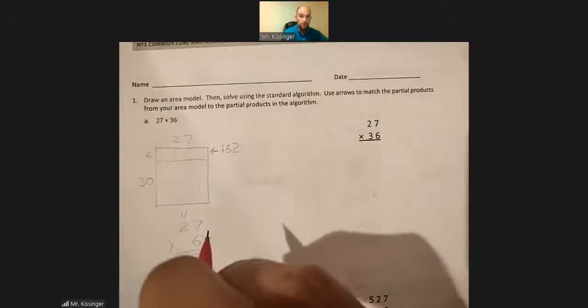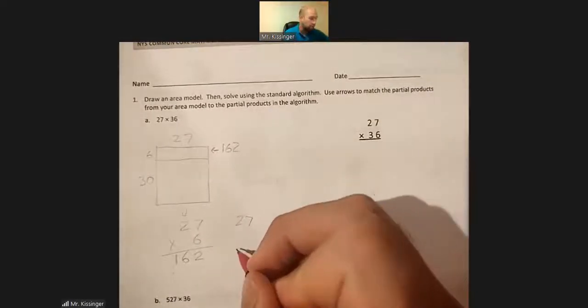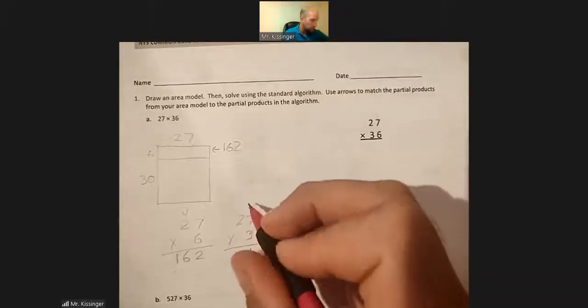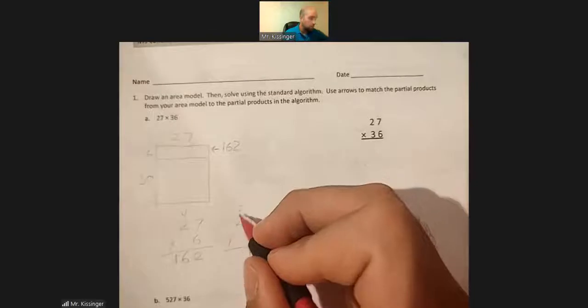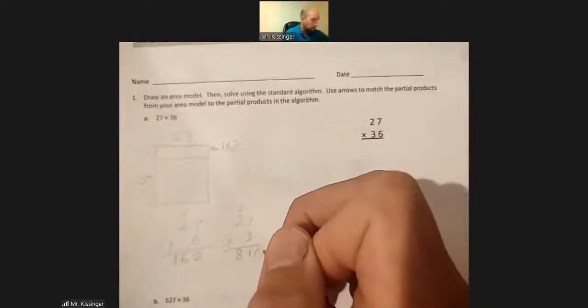Then our rectangle on the bottom here, we'll do 27 times 30. We'll do 27 times 3, and then we'll add our 0 afterward. 27 times 3, 7 times 3 is 21. 2 times 3 is 6. Plus 2 is 8. But then we have to add our 0, don't forget that.